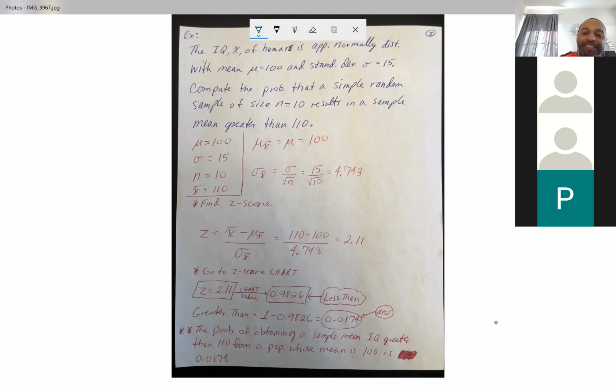Now, how'd you find that? You went to the positive 2 on the chart, right? 2.1, you go 2.1 over, and then 0.01 up here, right? And they should meet. Let me tell you, that doesn't work for me, I get 0.9826.